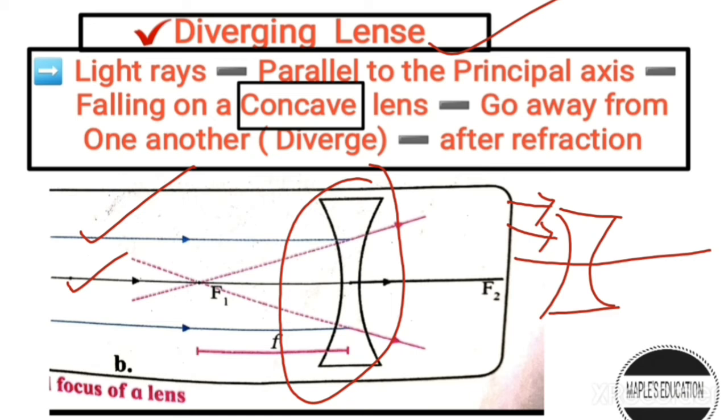But if you have to identify it, what would you do? You have a lens with you. You would incident your light ray, and remember this concept, the light ray that you are incident should be parallel to your principal axis. When this light ray passes through my lens, and if it diverges, meaning it goes away from each other like this, you would say that this lens is my diverging lens.